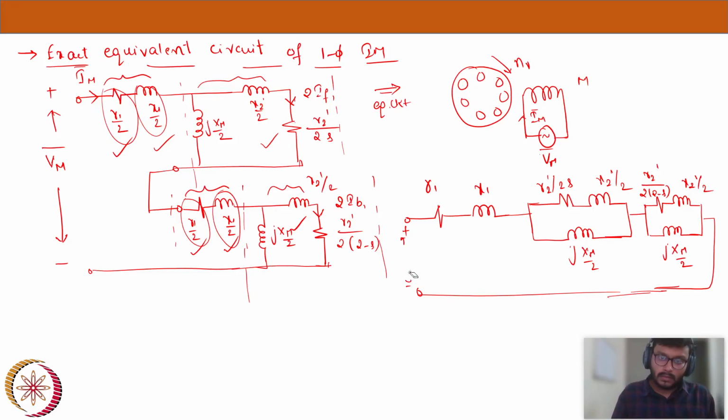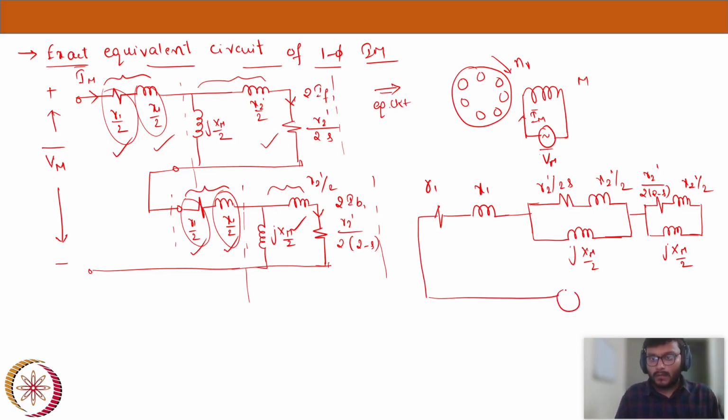Let's write it more exactly like this one where we are seeing it. Here we are giving our supply, and this is Vm, and this is the current flowing, Im.